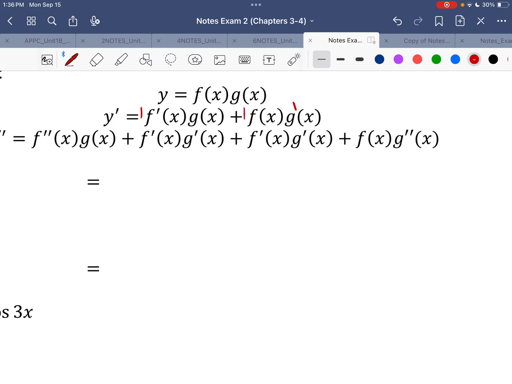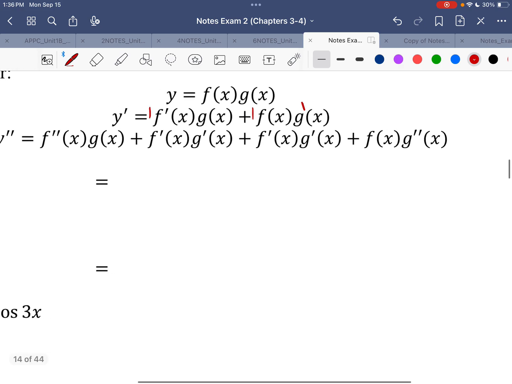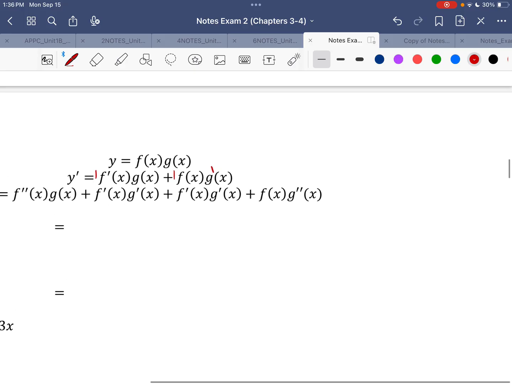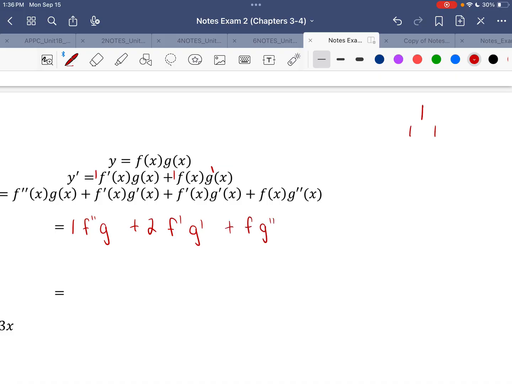And then the second derivative of y is going to follow Pascal's triangle. So this simplifies to 1 f double prime g plus 2 f prime g prime plus f g double prime. In Pascal's triangle, we make a triangle of 1, and then we add what's above it. All the sides are always 1.